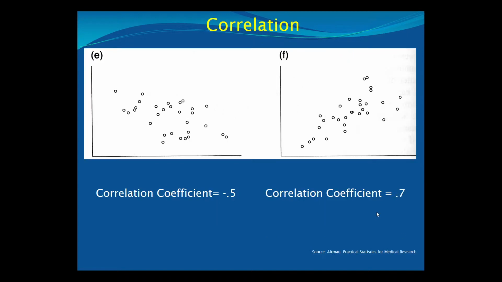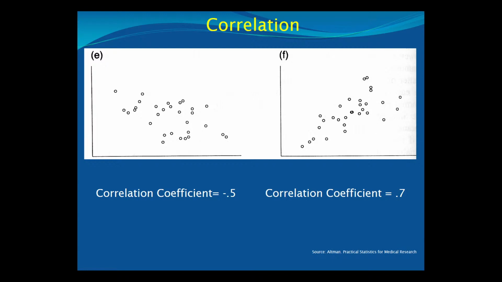Two more graphs are shown on this slide. Graph E is a scatter plot graph for a correlation coefficient of -0.5. Look at the points. It is possible to understand that all points go downwards.